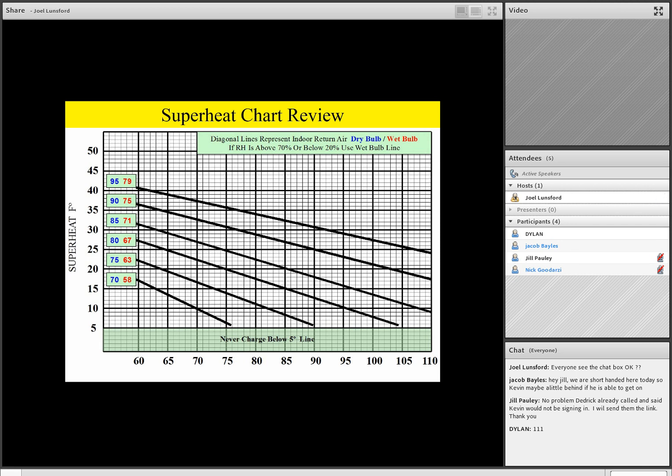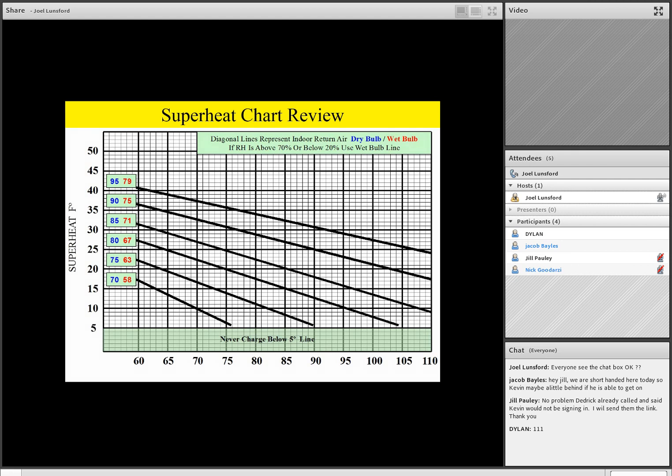At the very bottom of the chart there are numbers, 60, 65, 70, all the way up to 110 degrees. That represents outdoor air temperature. On the far left-hand side of the chart, you'll see black numbers going from 50, 45, all the way down to 5 degrees. That represents the required superheat under any condition of measurement of outdoor temperature and indoor return air temperature.